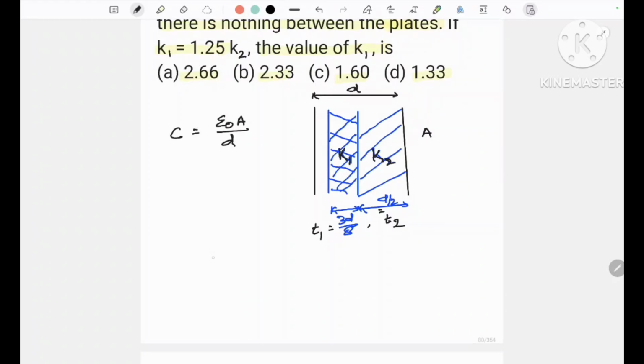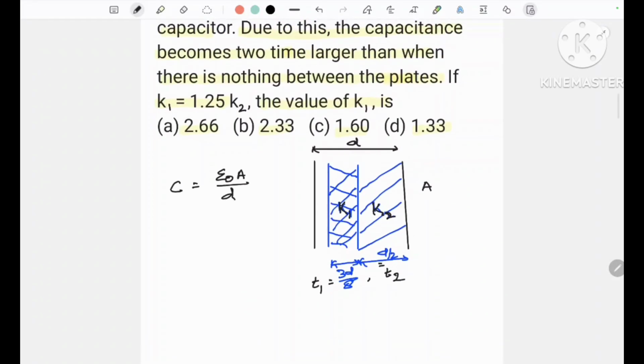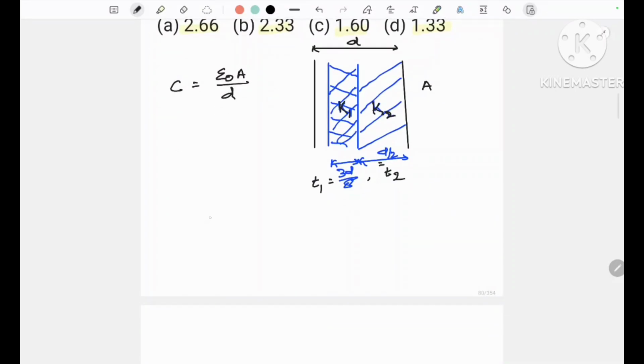K1 is 1.25 K2. Capacitance C1 will be epsilon A over D minus T1 minus T2 plus T1 by K1 plus T2 by K2.